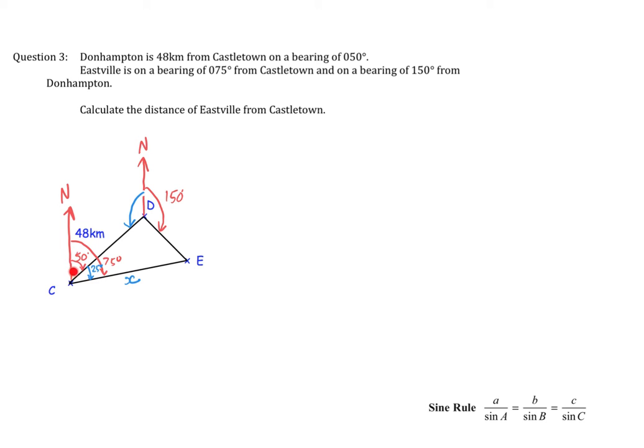If we look at these, the norths are always parallel. So if you remember your parallel line rules, this angle here will add up with this angle here to make 180. They're co-interior. So that angle will be 180 minus 50, which is 130 degrees.